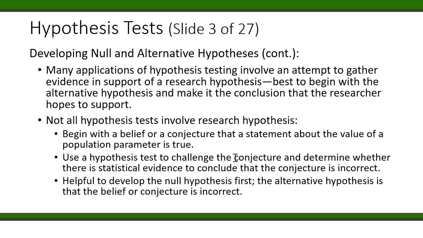Then you need a hypothesis test to challenge that, to determine whether there's statistical evidence to conclude that that conjecture is incorrect. So if I get a random sample and the sample gives me an average of 93, is that different from my 92? I need to show that it's significantly different.